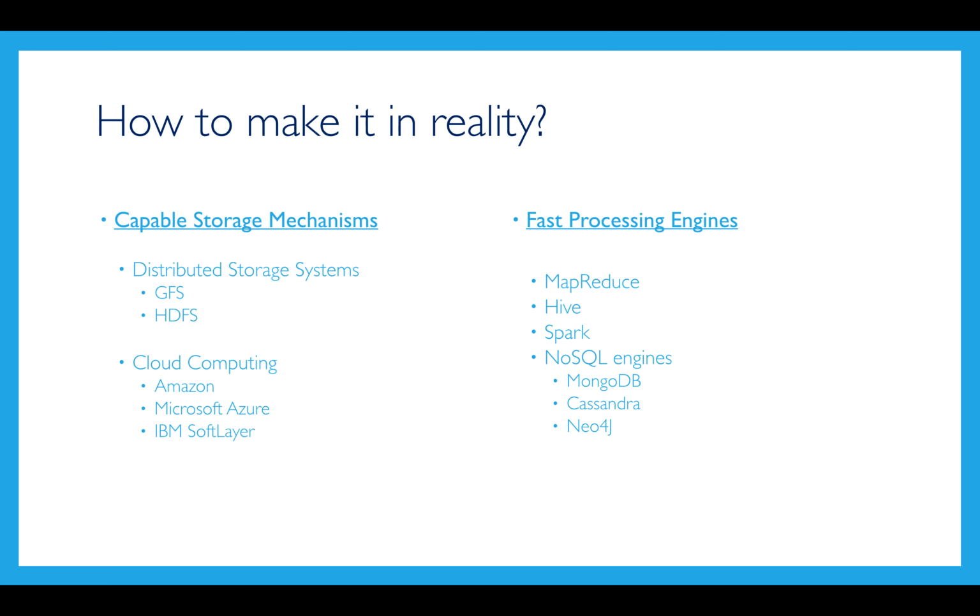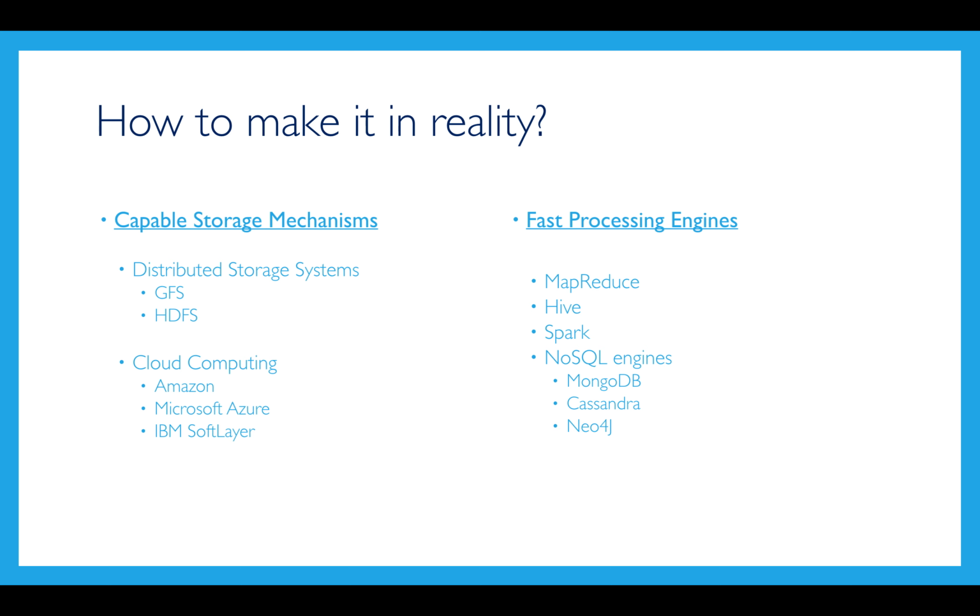Let's take a look at storage mechanisms. You cannot fix the volume of your data, because it may increase day by day. So you need distributed storage systems; GFS and HDFS are examples. GFS is not open source; it is Google's patent.